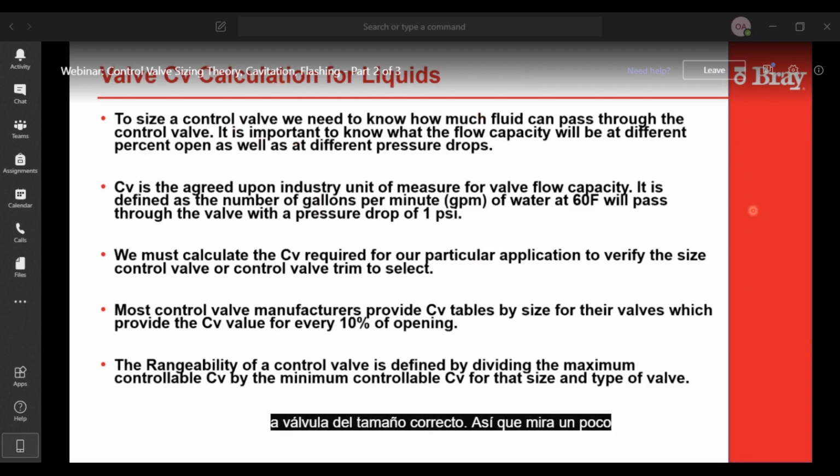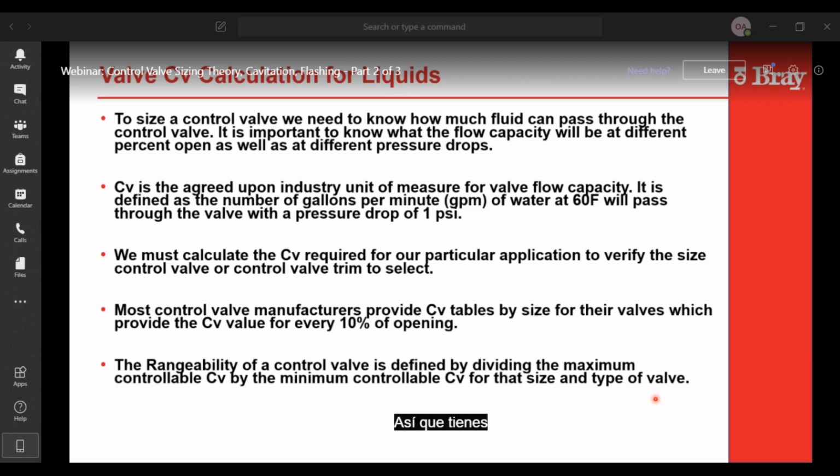So C sub V was developed in the 40s, and it was agreed upon for the whole industry that the C sub V is a unit of measure for flow capacity of a valve. It's defined as the number of gallons a minute of water at 60 degrees Fahrenheit that will pass through the valve with a pressure drop of 1 psi. So it's just a number they came up with to use as a standard.